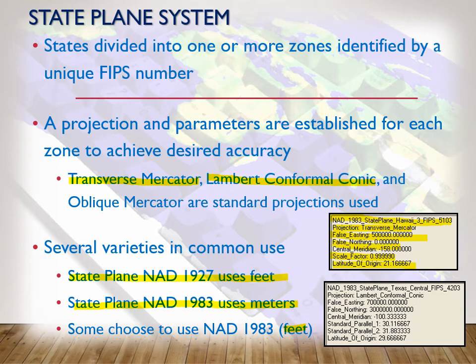It has a false easting of 500,000 but no false northing. Its central meridian, that talks about the zone itself, the scale factor, which we probably won't get into too much, and then the latitude of origin, which is another very important piece when it comes to projections. Basically, you have a central meridian and a latitude of origin that sort of anchors down this projection using latitude and longitude.